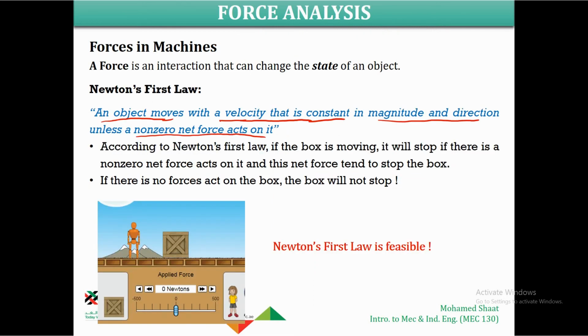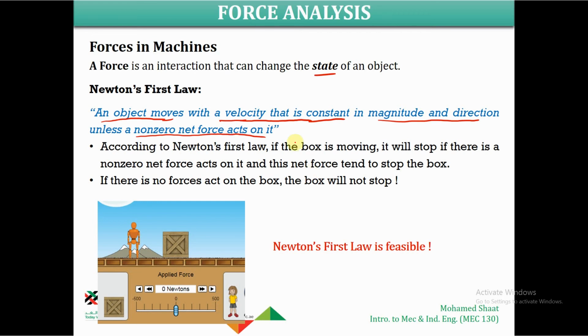But according to Newton's law, which is the more accurate statement, if this box is in motion under constant velocity, it's going to continue to move unless you act on it with a force which is bigger than zero. If the net force acting over this object is bigger than zero, it means that this box is going to stop, or this force is going to change the state of this object.